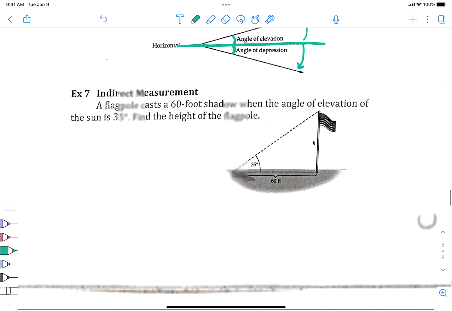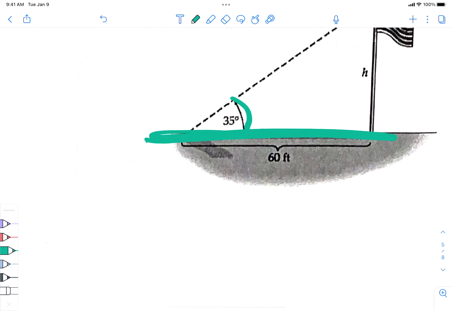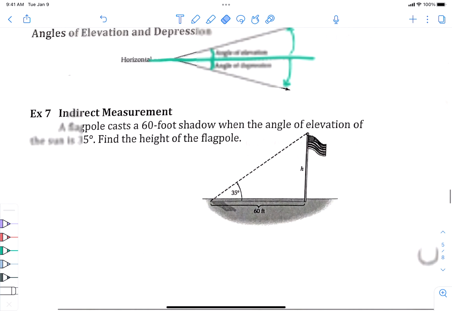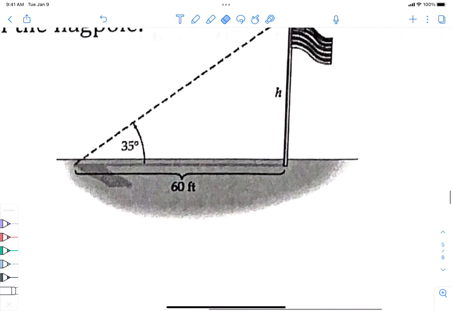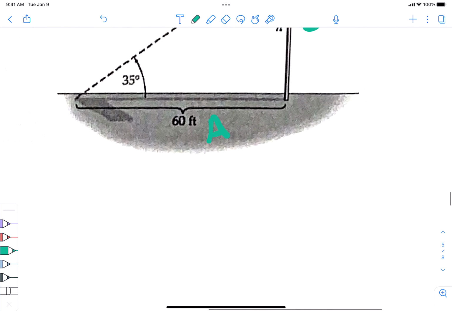So, example 7: a flagpole casts a 60-foot shadow when the angle of elevation to the sun is 35. With relationship to the horizontal distance, the angle going up is 35. Find the height of the flagpole. Opposite, adjacent: tangent.